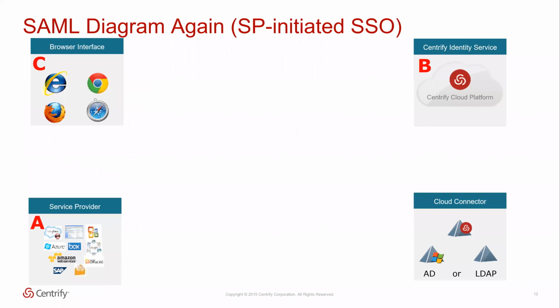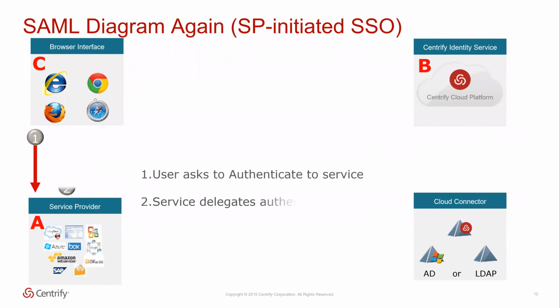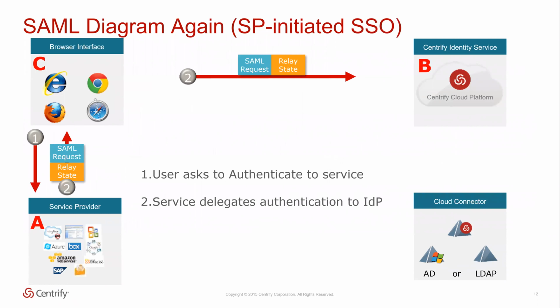So let's revisit this diagram again, and let's look at the SP-initiated single sign-on workflow. The workflow is still the same, of course. But what I'm adding in this diagram, after describing SAML requests and RelayState to you, is where they are located. When a service provider redirects the user to the IDP, that's where the SAML request is sent out, along with the RelayState if they choose to use it.